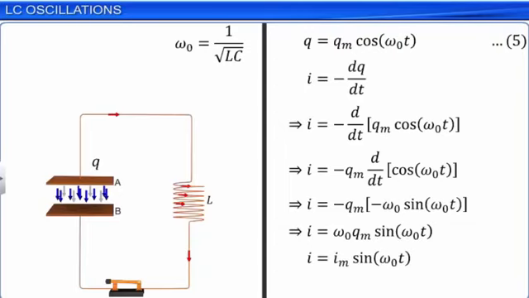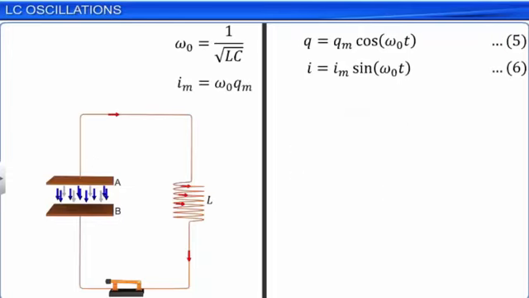Now let us analyze the LC oscillations from an energy point of view. At any instance, the energy stored in the capacitor U is equal to Q square by 2C, and the energy stored in the inductor U dash is equal to half L i square. From our previous analysis, we know that at any given time t, the charge Q is equal to Qm cos omega naught t.